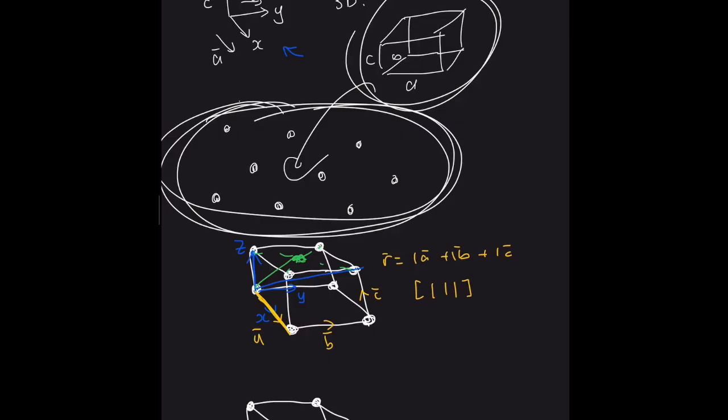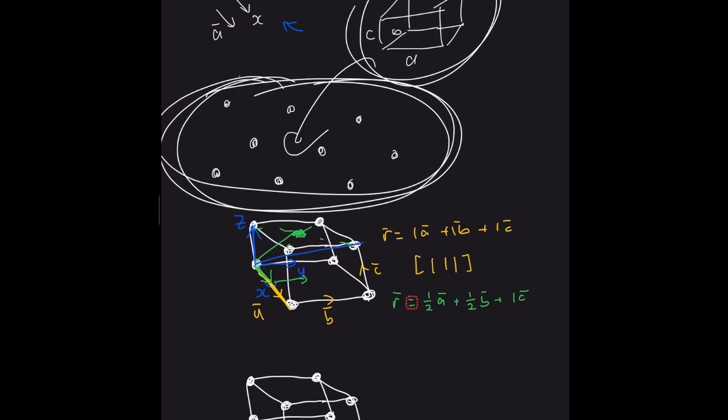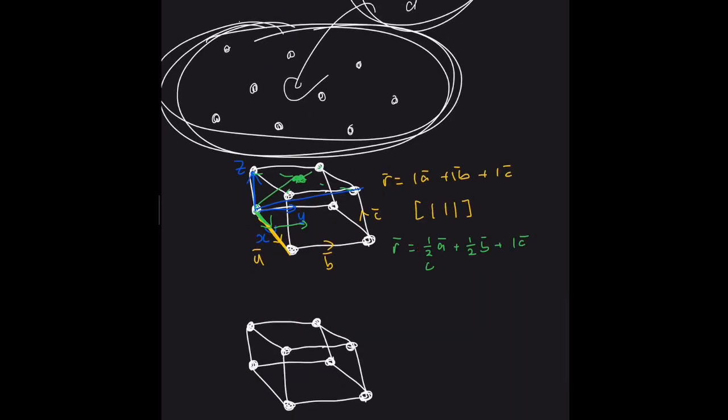In this case, we are moving by half a unit of A, half a unit of B, and 1 unit of C. But in crystal notations, we can't write fractions inside the square brackets.